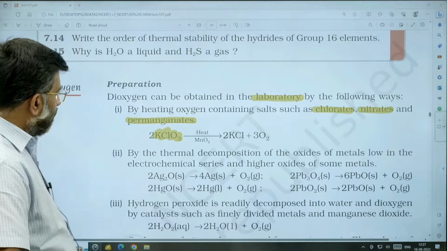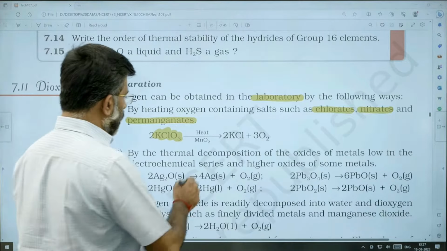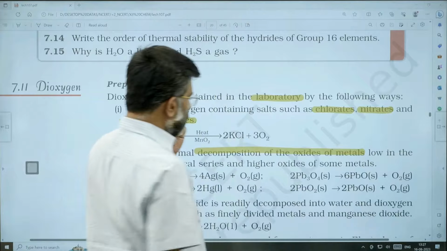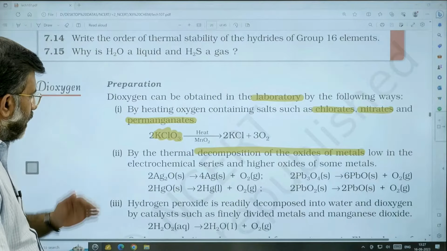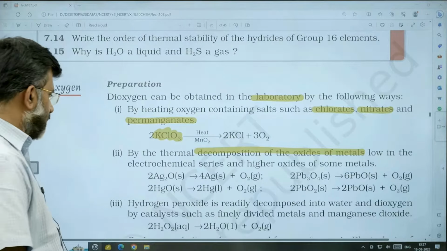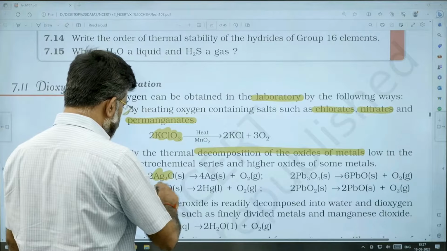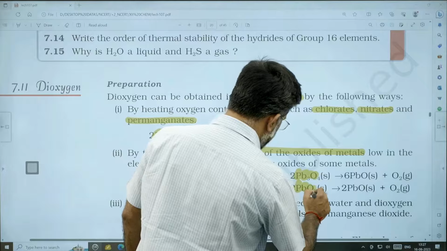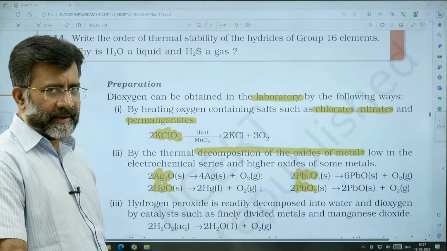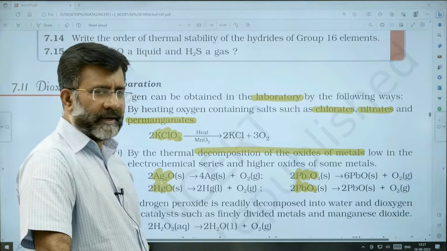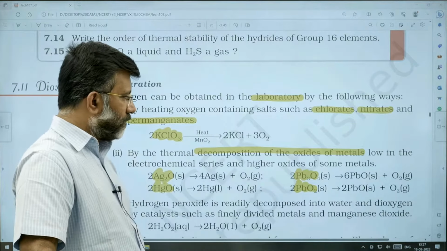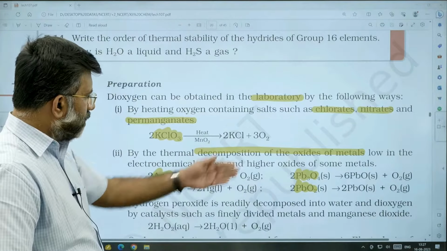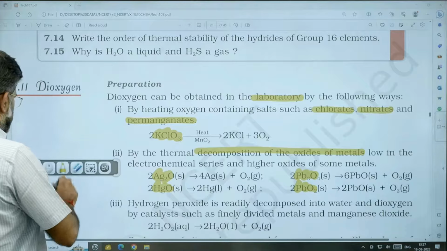Next one, thermal decomposition of oxides. Thermal decomposition of oxides of metals low in the electrochemical series, like oxides of silver, mercury, lead, etc., undergoing decomposition, oxygen gas will be liberated. Regarding Pb3O4, I think many of you are aware.